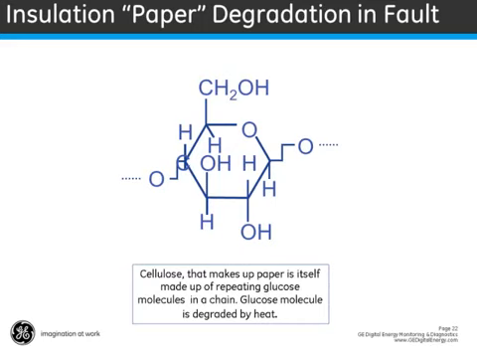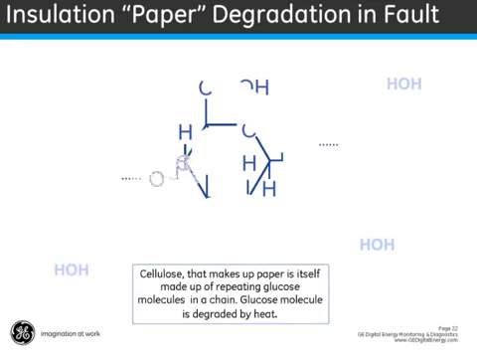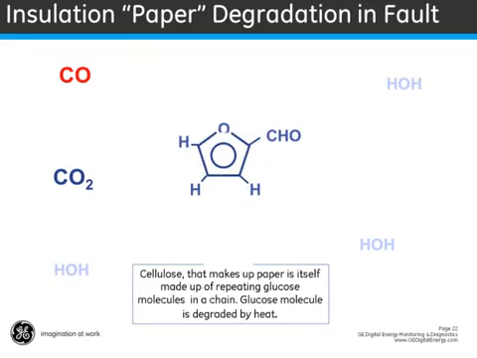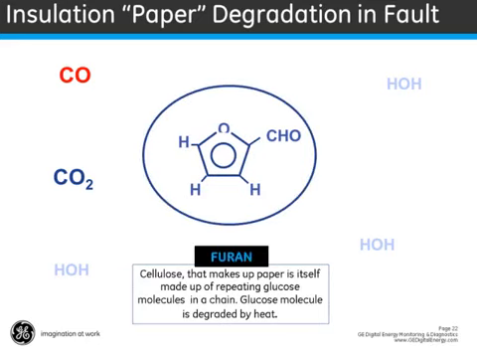So cellulose is a biological product. It's damaged by heat. Let's say it's cooked by heat. So what are the breakdown products of this process? Let's just watch the animation for a moment. So we see that HOH, which is H2O, water, is produced. Carbon monoxide, carbon dioxide, and furan.